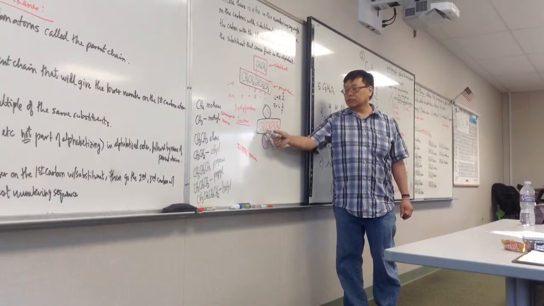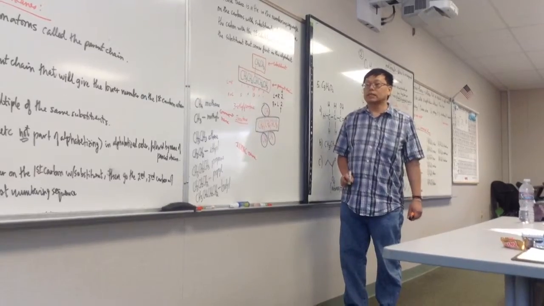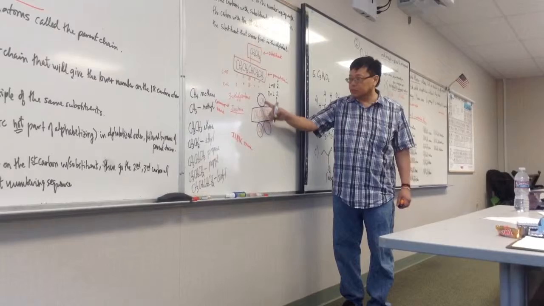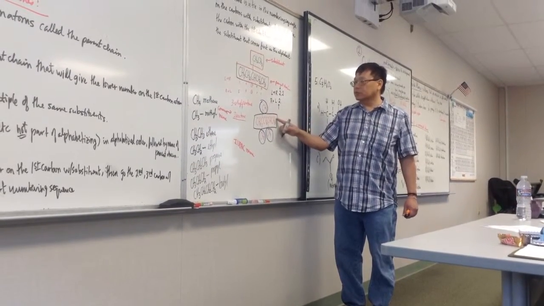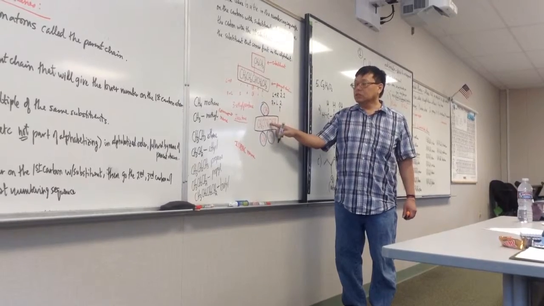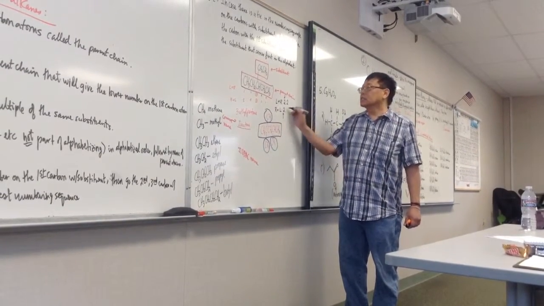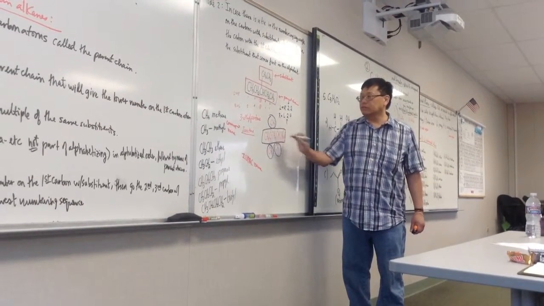If you go left to right, the second carbon with a substituent is what? Left to right is still carbon number 2 because carbon number 2 has 2 substituents. And if you go right to left, 1, 2, the next carbon with the substituent is carbon number what? Carbon number 4. 1, 2, 3, 4.